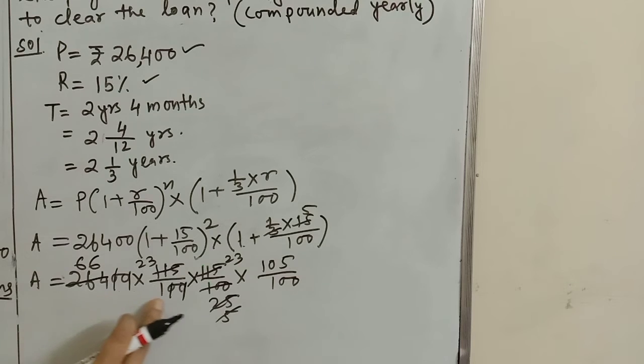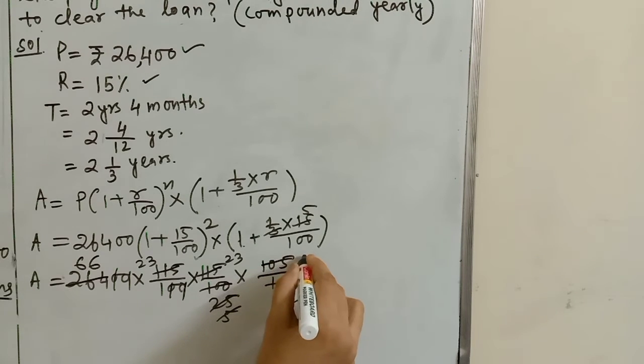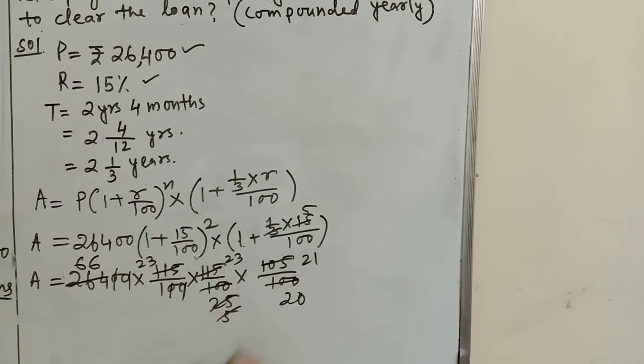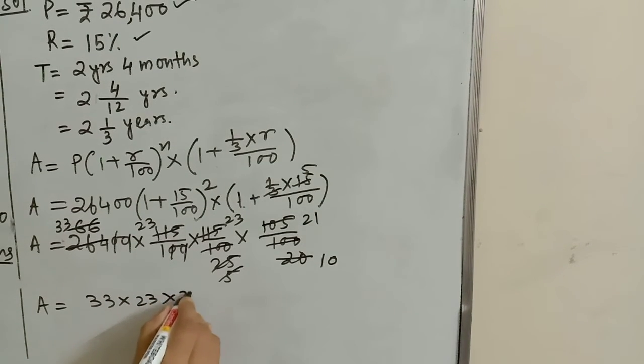Now in the denominator only 100 is there, so divide it by 5, and we get 21. Divide by 10, divide by 2 again, it will be 10 and it will be 33. So amount is equal to 33 into 23 into 23 into 21 by 10.